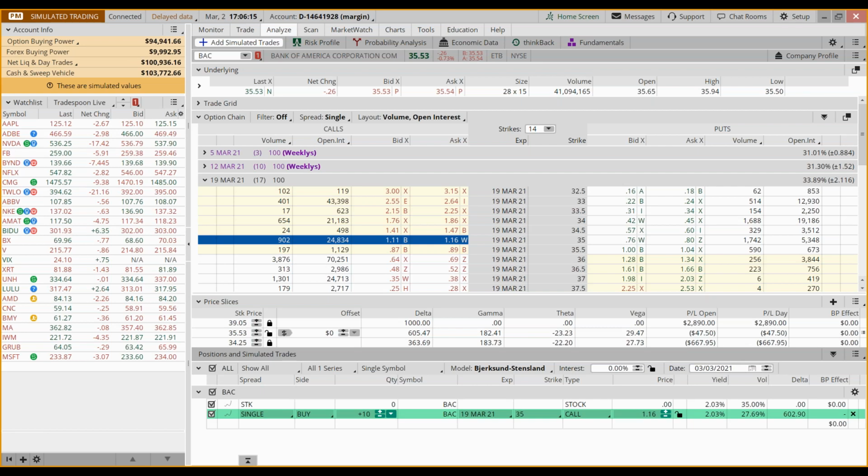Now I start quantifying reward and risk. There's reward, there's risk. And you might think, man, that looks amazing. It does, if it got to its target tomorrow.